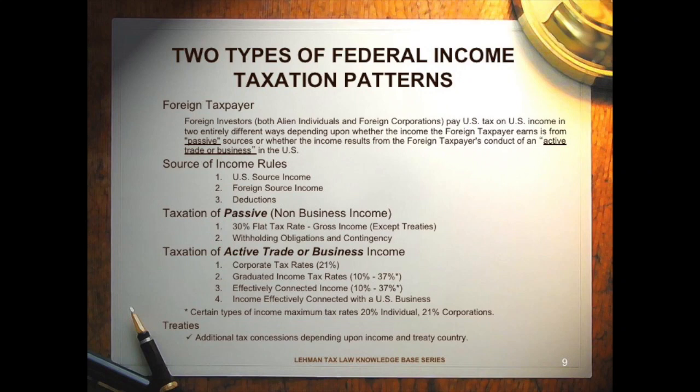And what we're going to see is, first of all, that we have to look at the source of income rules. Because if someone is a non-resident alien and they're earning their income outside of the United States in their own country, we're certainly not going to assert a tax on income that they've earned outside of the United States.